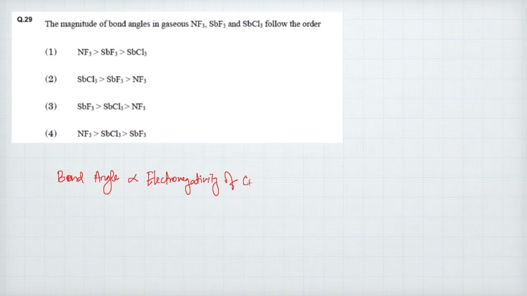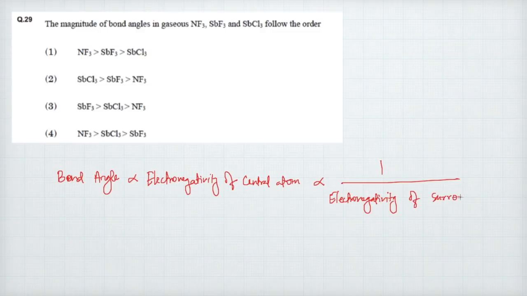of the central atom. Okay, and it's inversely proportional, so we have to write 1 upon the electronegativity of surrounding atoms.